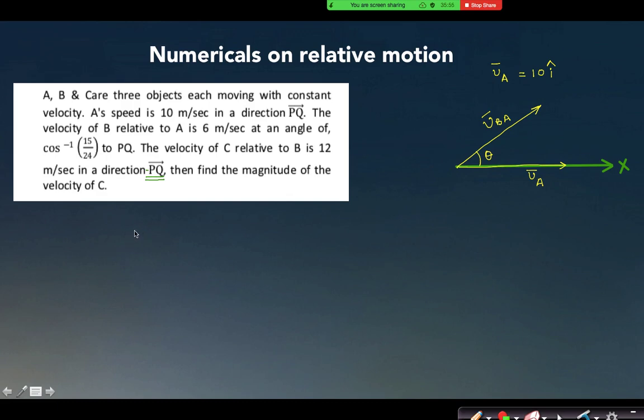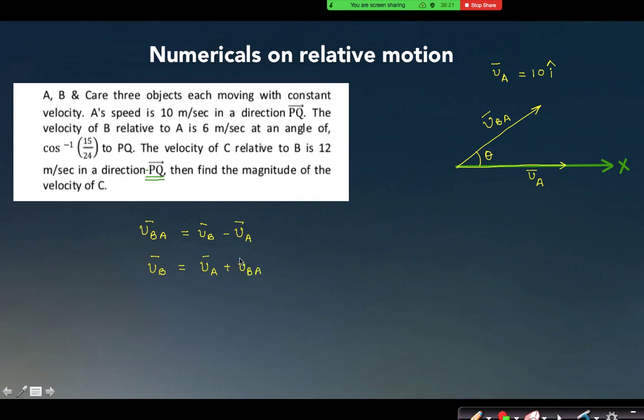Just try to understand how we can find the velocity of B when VBA and VA are given. We can use the simple formula that velocity of B with respect to A is nothing but velocity of B minus velocity of A. Then from this equation, can you say that velocity of B is velocity of A plus velocity of B with respect to A?